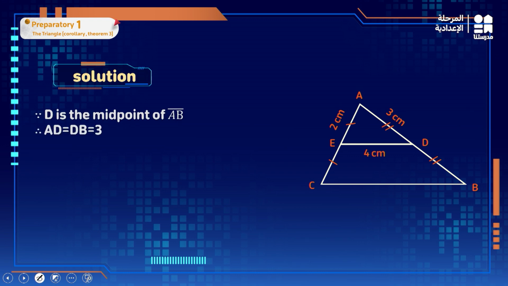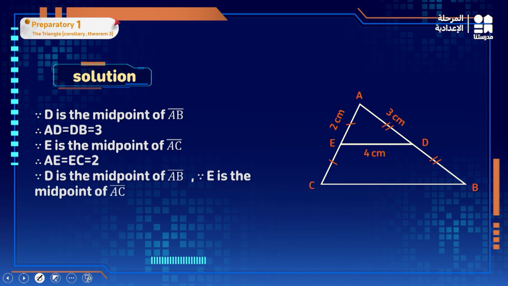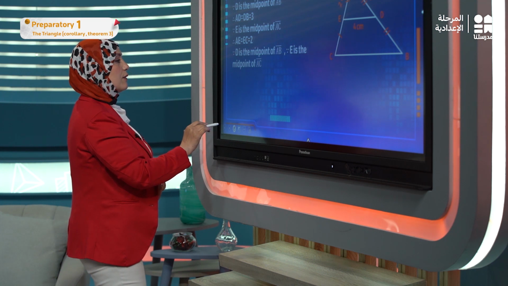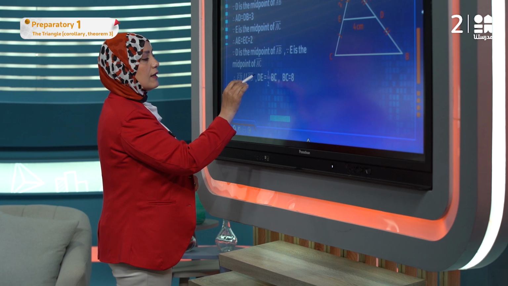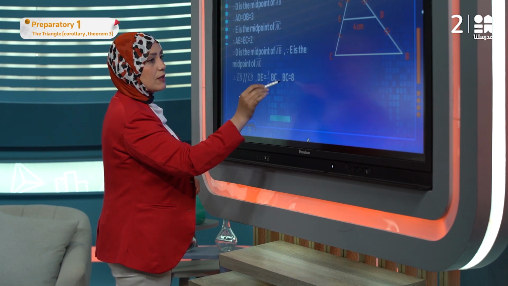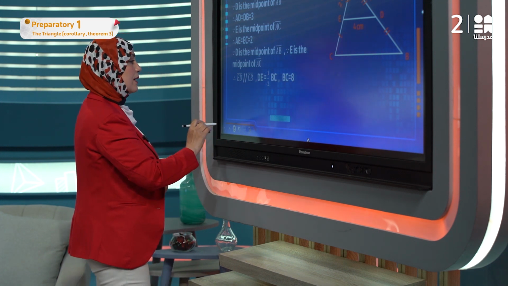Since D is a midpoint of AB, therefore AD and DB equal 3 centimeters. And since E is a midpoint of AC, therefore AE equals EC equals 2 centimeters. And since D is a midpoint of AB and E is a midpoint of AC, therefore ED is parallel to CB, and DE equals half of BC, so that means BC equals 8.